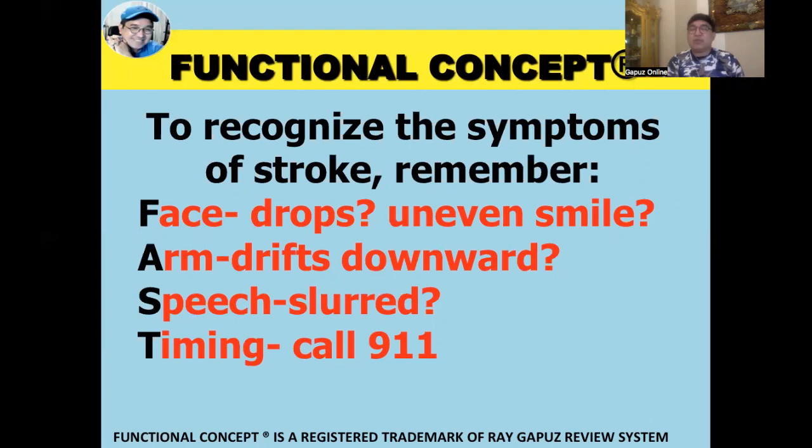Now, timing is very crucial because studies have suggested that if the patient comes into the hospital within 3 to 4 hours and is treated right away, they are more likely to suffer fewer complications, and they would be able to move towards rehabilitation faster than the rest, okay?